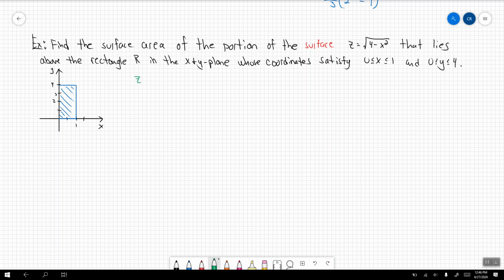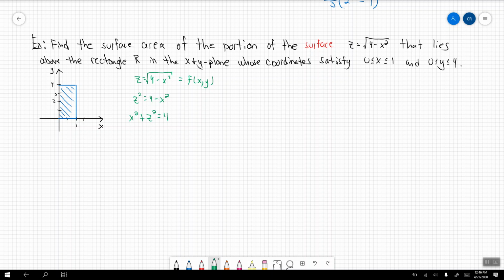If z is equal to 4 minus x squared, then I'm going to take this as my function f of x, y. But before I do that, I'm going to make this z squared equal to 4 minus x squared, which means in this particular case that x squared plus z squared is equal to 4. Nice. Alright, it's looking pretty good.